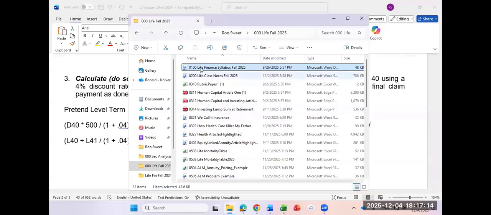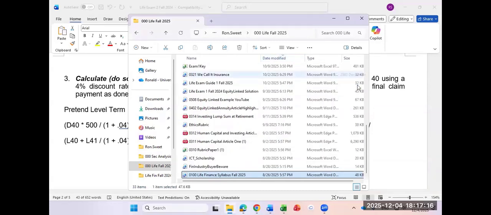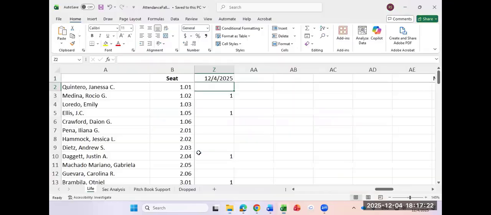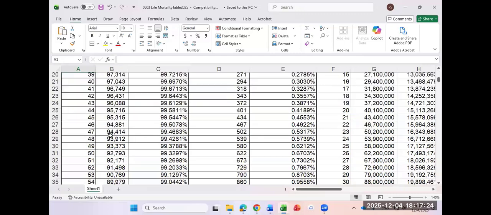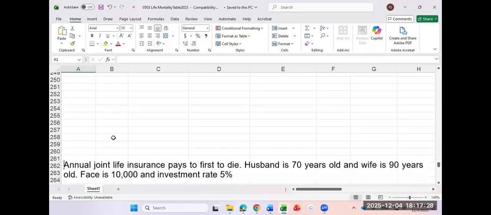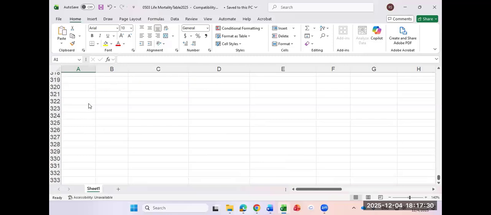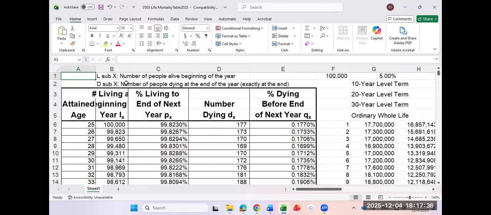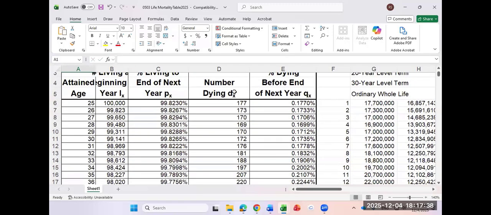using the mortality table. I need to put this mortality table out there with all of our problems on it. But let's work this problem. So D40, how do you get D40 out of the table? Is it pretty obvious? Which column is D?